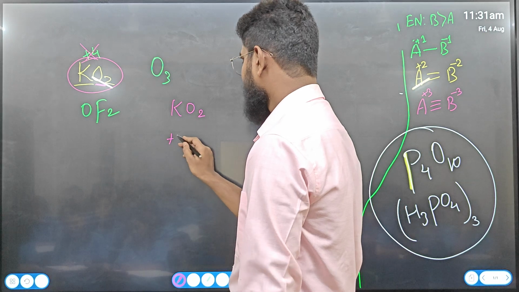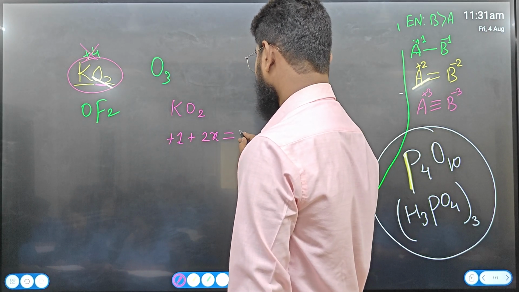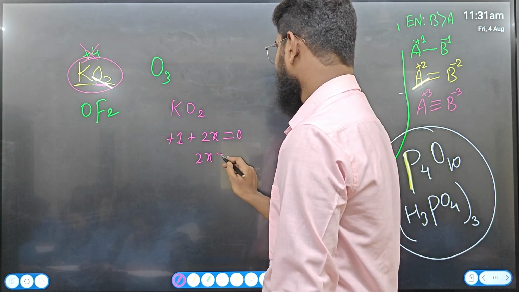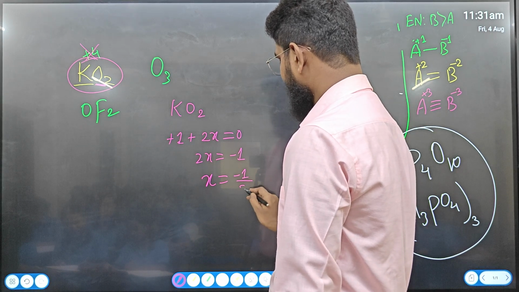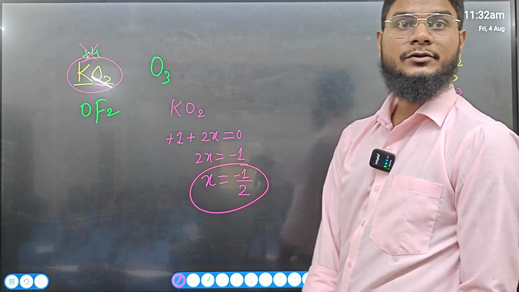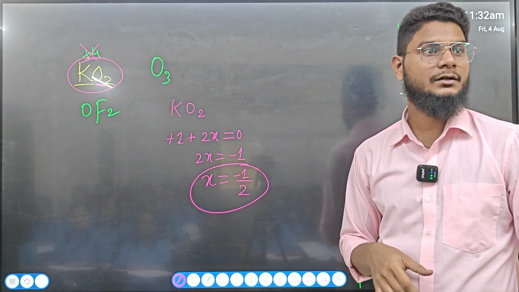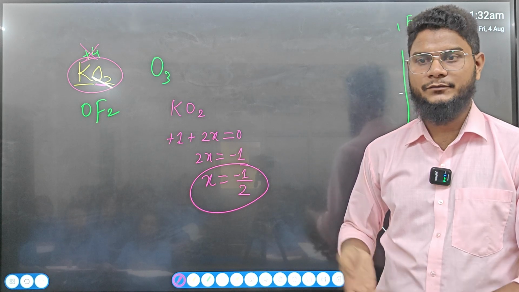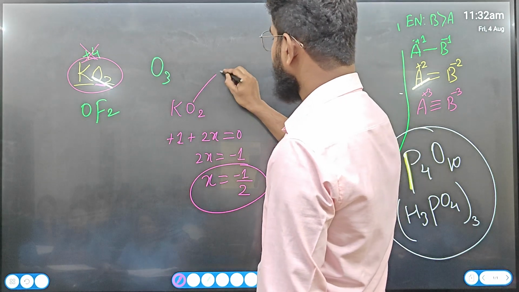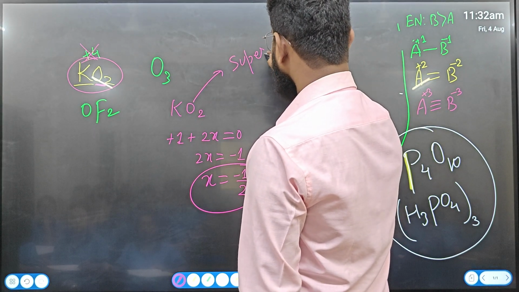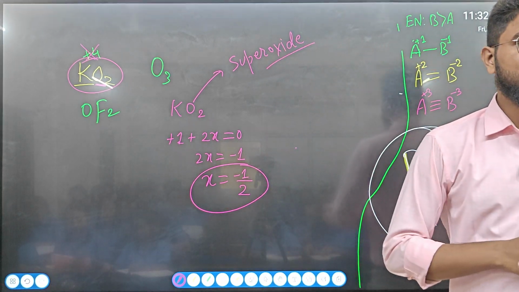You have potassium +1 plus 2x equal to 0. So 2x is equal to -1, x is equal to -1/2. So oxygen is present in -1/2 oxidation state. Which form of oxygen is here? Superoxide. This is your superoxide case.